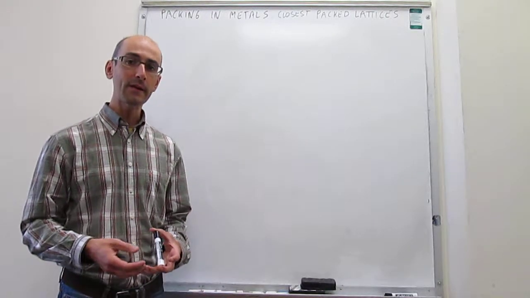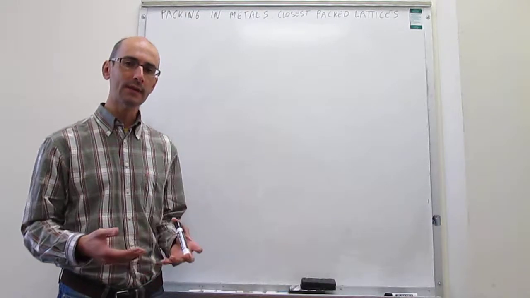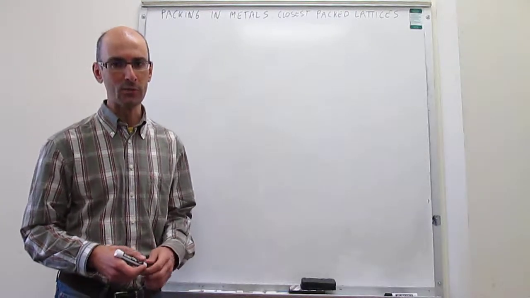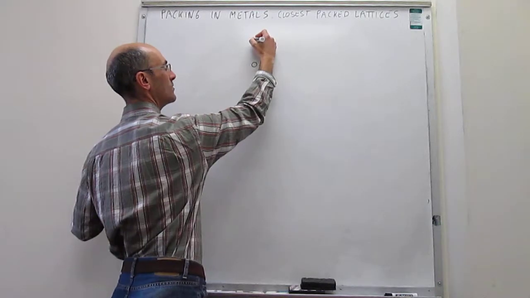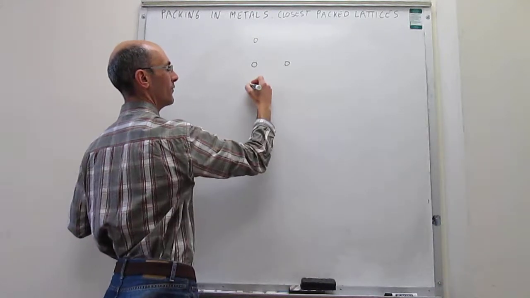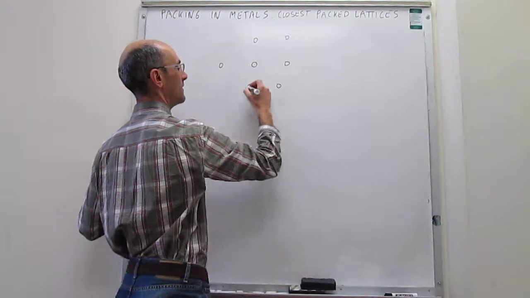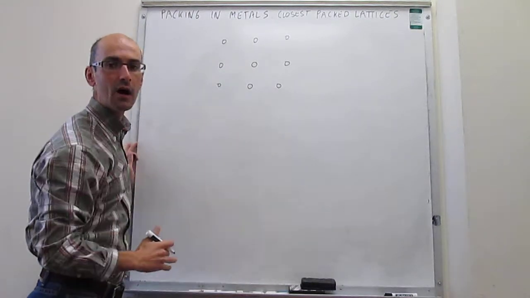Well, there's many possible lattices, many different ways to pack atoms into a lattice, but the simplest one that you can think of would be something that we call a simple cubic packing. Okay, so suppose that you have here one atom, and then you can put 4 nearest neighbors, and then 4 next nearest neighbors. Okay, so this will be one layer of the solid.